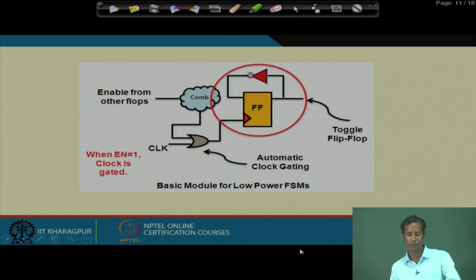So, this says that when this enable comes from this combinational logic and the enable is 1, the clock is gated and it will be activated, and when this enable is 0, the clock will not affect the corresponding circuit.